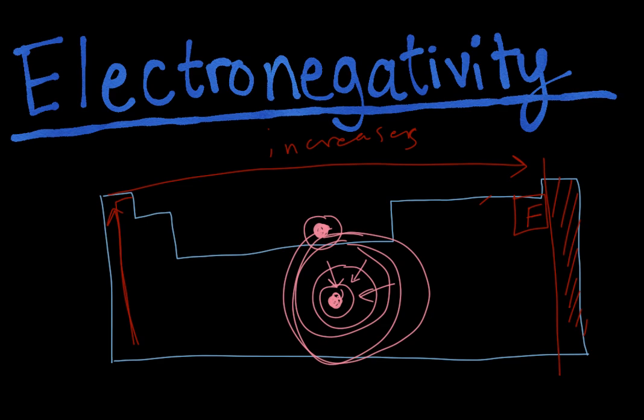Electronegativity is how much an atom would want to accept an electron, gain another electron. This cesium could get rid of this electron so easily as it's placed all the way down here, which is the opposite of the trend of electronegativity. And that's the reason why, as the atoms get bigger, their electronegativity decreases. So in general, you could think of the trend as it goes up and to the right, with fluorine being the most electronegative.